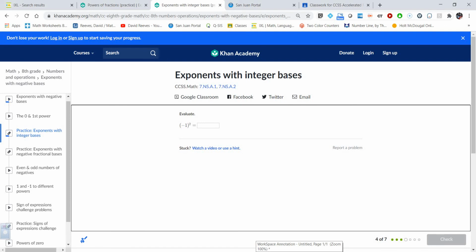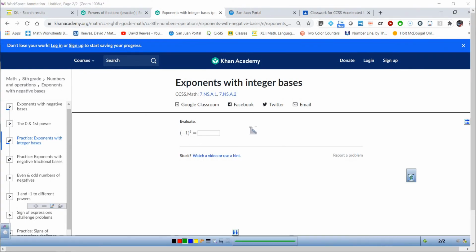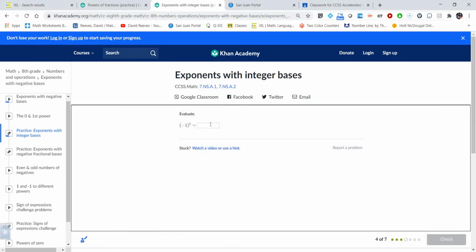Now this one right here, the negative is in parentheses, right? Because the negative is in parentheses, this means -1 times -1. The base is -1, and so this one is going to be a positive 1.